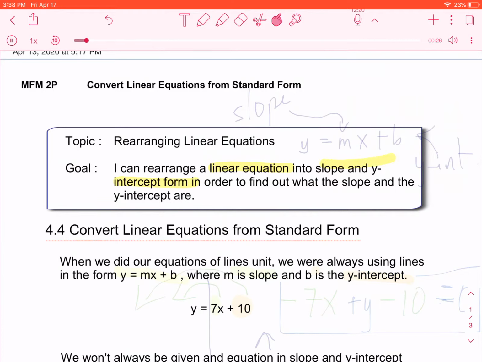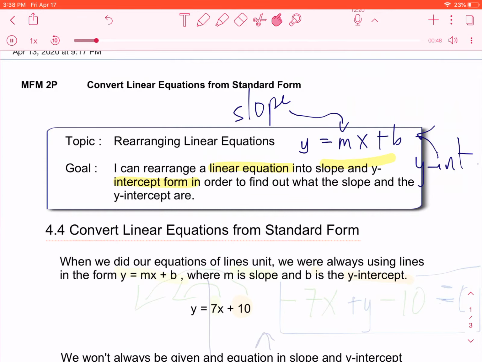So you might recall from our previous unit in Unit 2, slope and y-intercept form is y equals mx plus b, where m is represented by our slope and b is represented by our y-intercept.